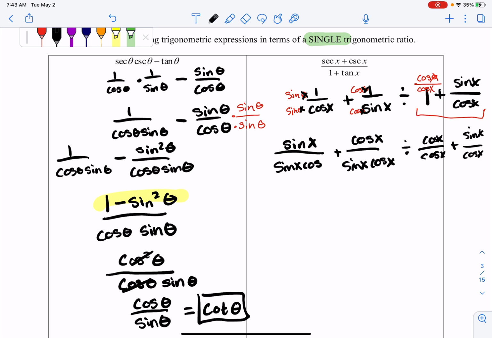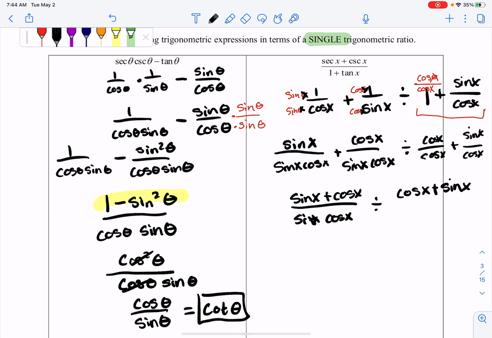Okay, so now that we have common denominators, we can combine these. So on the top of the left-hand side, we have sine x plus cosine x all over sine x cosine x divided by cosine x plus sine x all over cosine x.